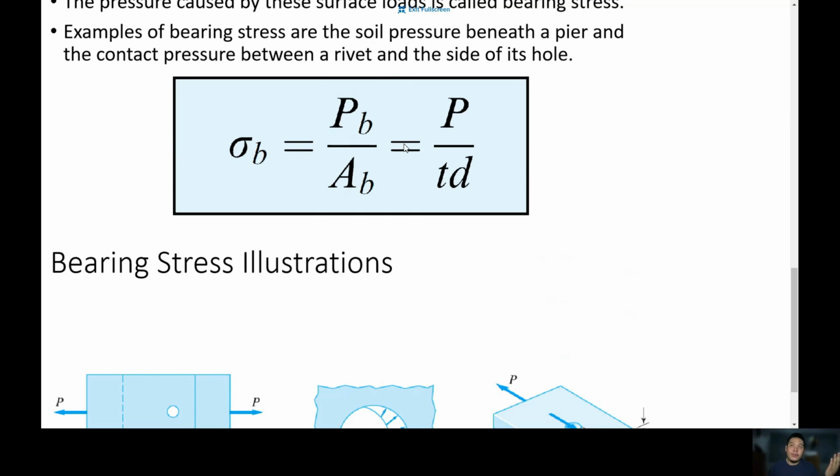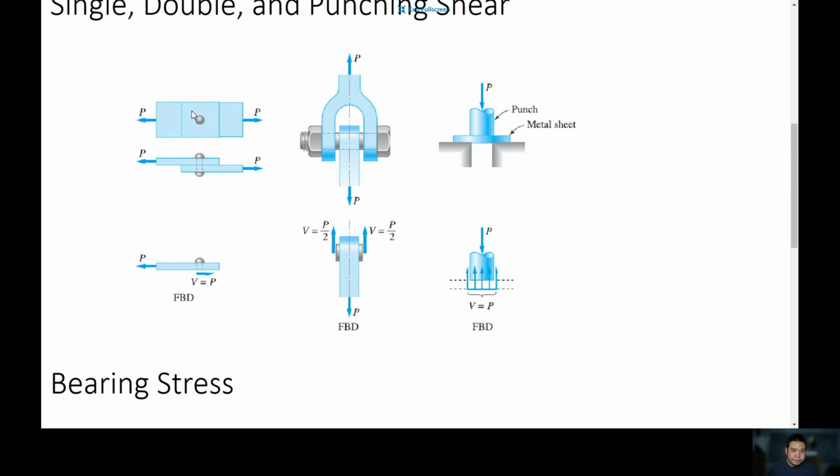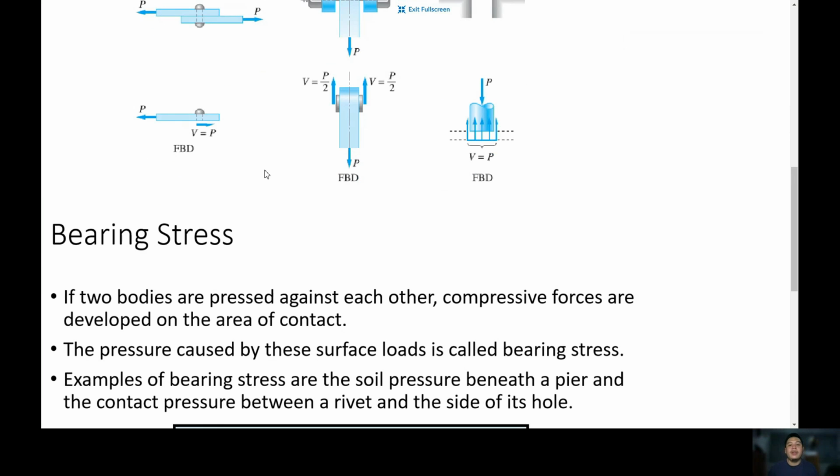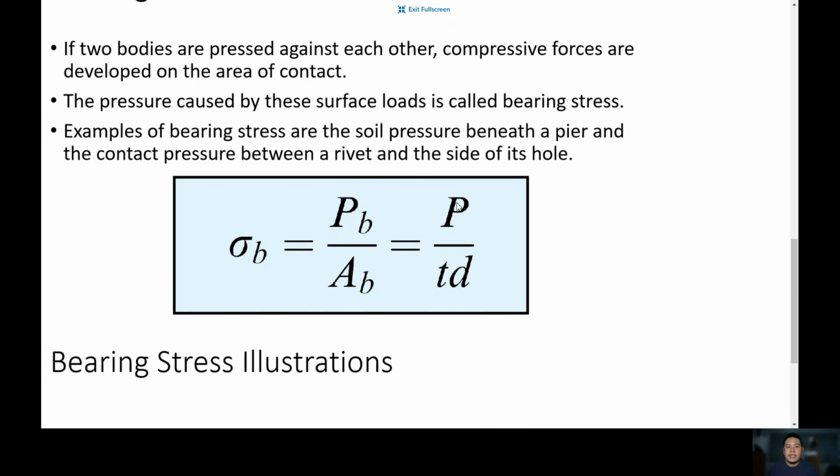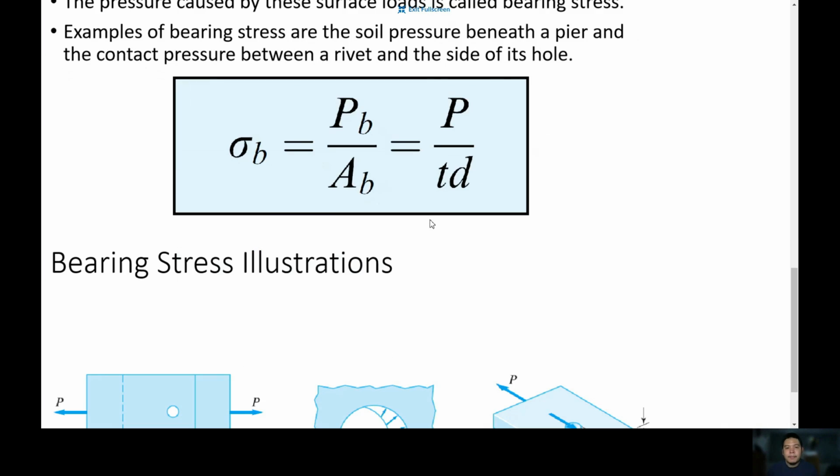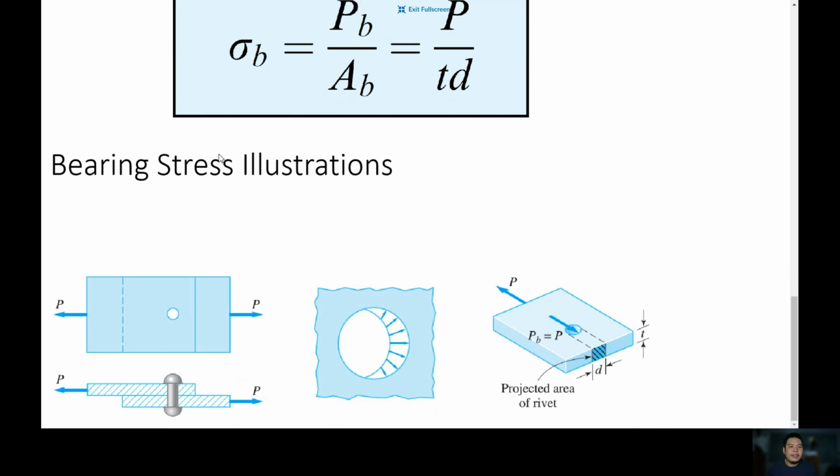We can also say that if we analyze this single shear, it is just the force applied over the area of the bolt. In full illustration, this is our setup for single shear.